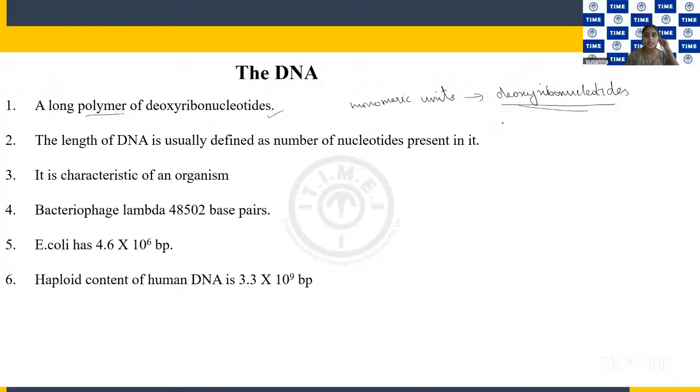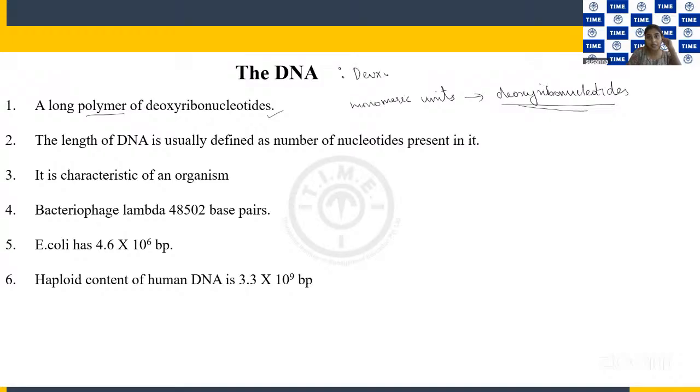As we all know, nucleotides are of two types, ribonucleotides and deoxyribonucleotides. Both come under nucleic acids, right? So you all know the full form of DNA. What is the full form of DNA? Deoxyribonucleic acid.